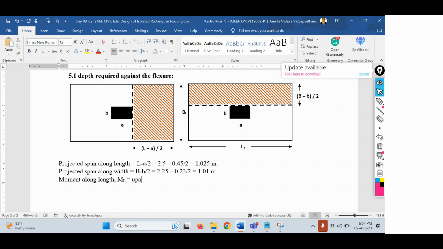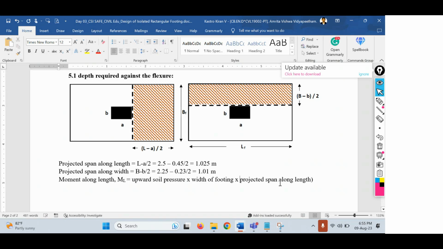The formula is upward soil pressure into width of the foundation, width of footing, into projected span along length, whole square.